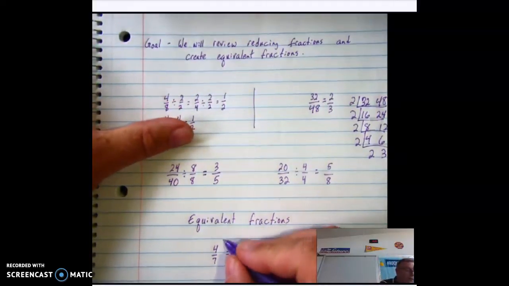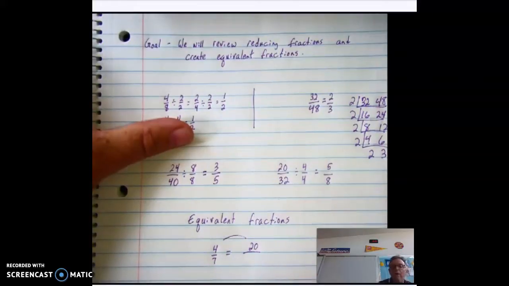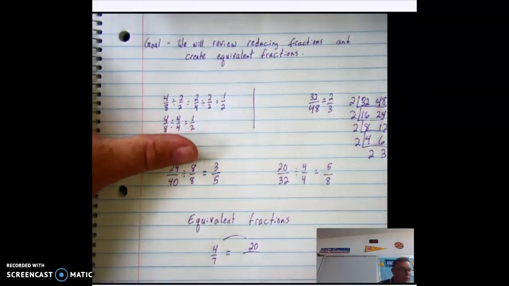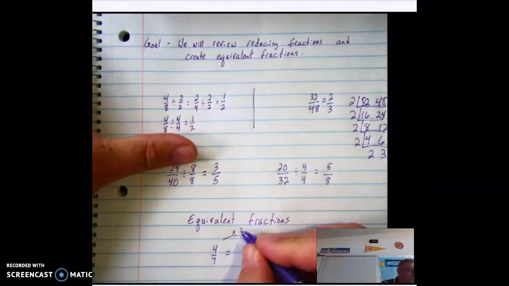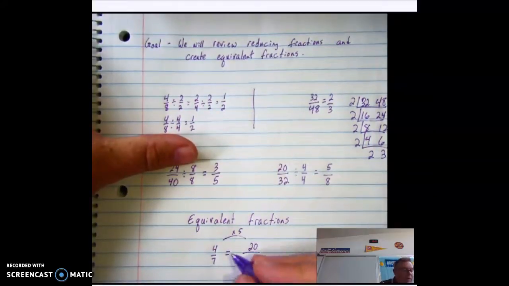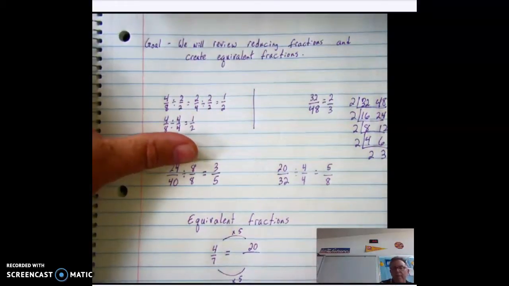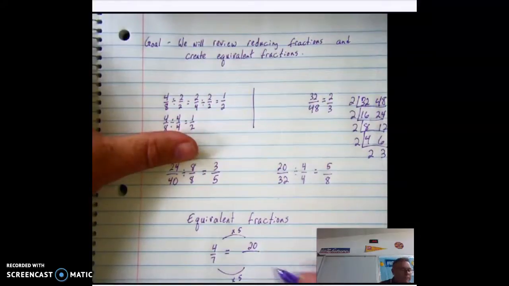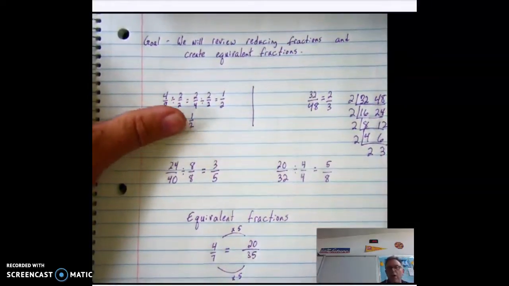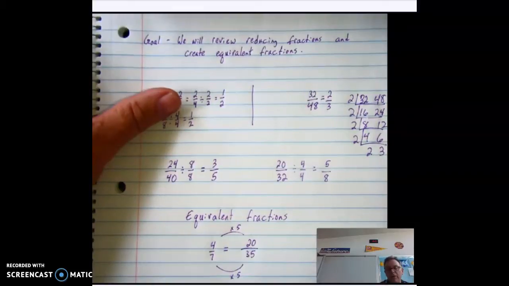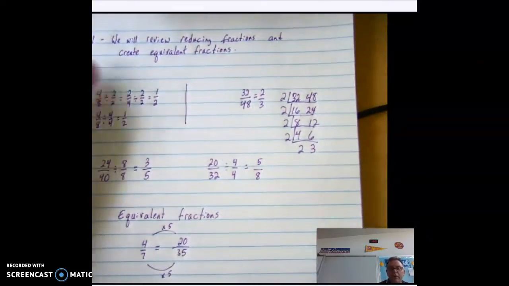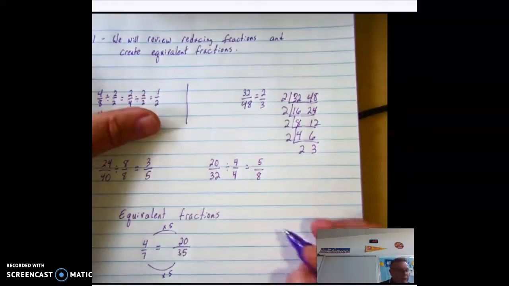I use my basic skills and I say, all right, what would I multiply 4 by to get 20? That would be multiplied by 5. So whatever I do to the numerator, I have to be fair to the denominator. I'm going to multiply that by 5. 7 multiplied by 5, 35. So these two are equivalent fractions. Let's do one more together and then we'll do some practice.